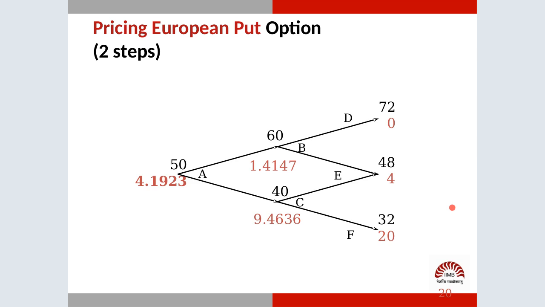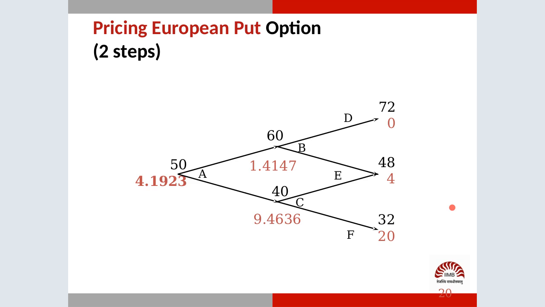That's all that changes. The only thing that changes, as you can see in the chat, is that the call option payoff is max of ST minus X and 0, whereas in the case of the put option, it is max of X minus ST and 0.